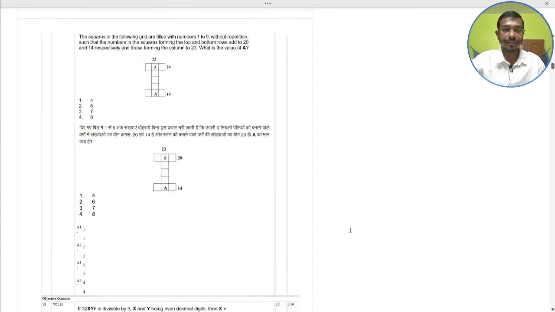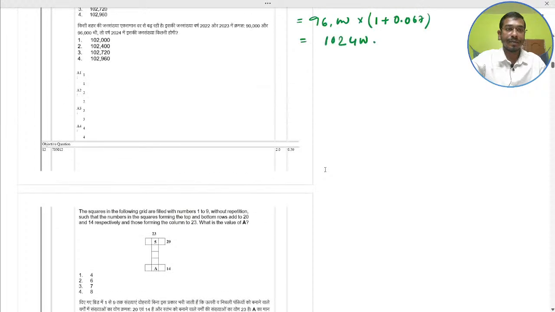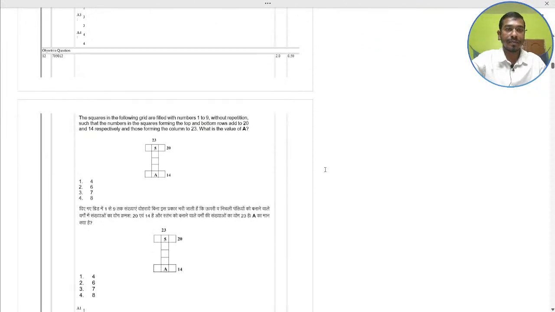Next, short question in general aptitude. Next question. The question number 12. The squares in the following grid are filled with numbers such that the numbers in the squares from the top and the bottom rows add to 20 and 14 respectively, and those forming the column add to 23.